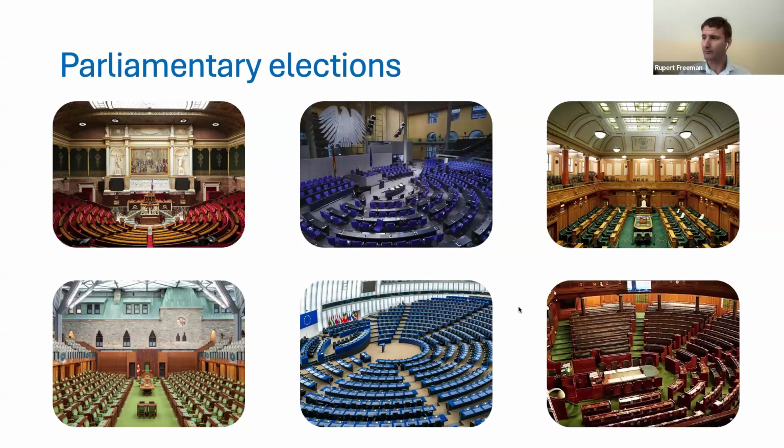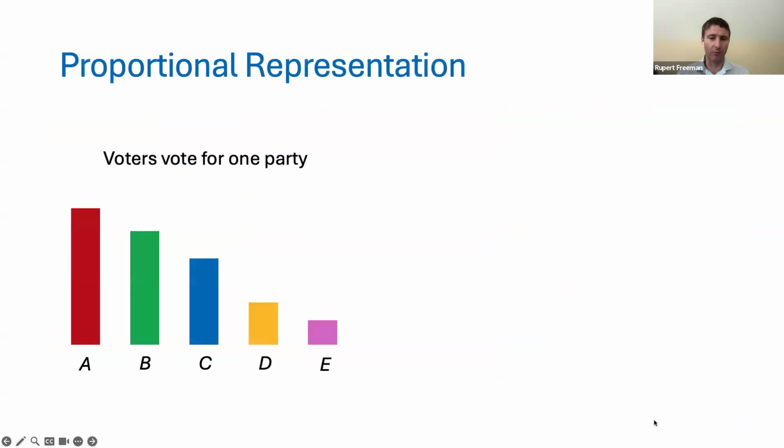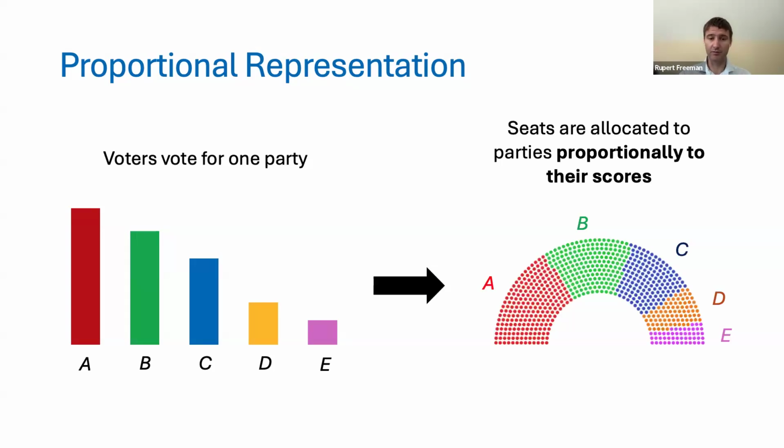One natural, perhaps the most naive, way you might want to do this, especially if you're shooting for some kind of proportional representation, is to have voters vote for a single party and then allocate seats in proportion to the number of votes that each party receives. So you'd get a picture that looks like this, translating votes to a parliament.